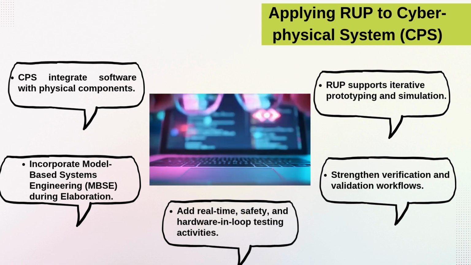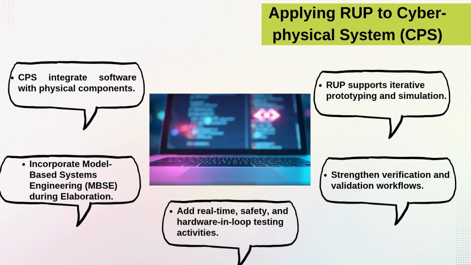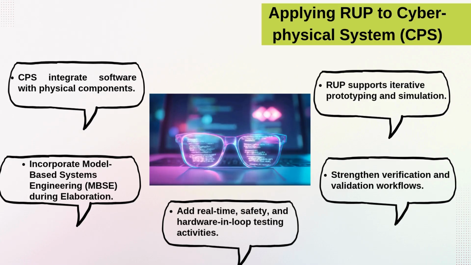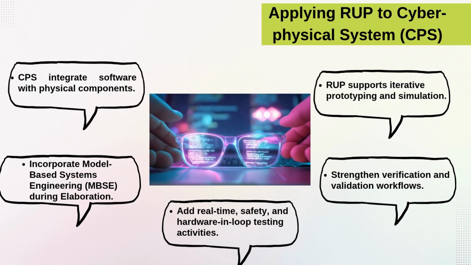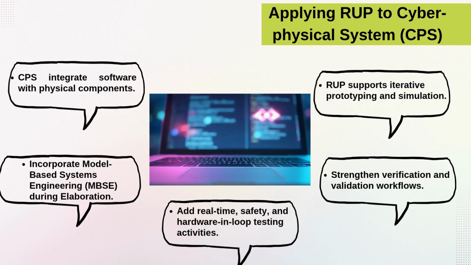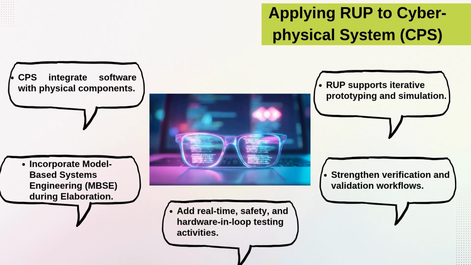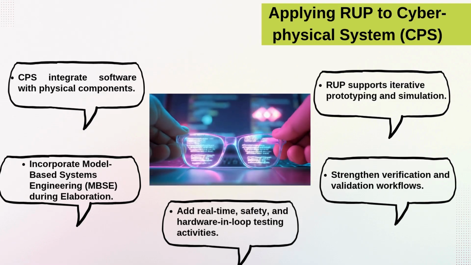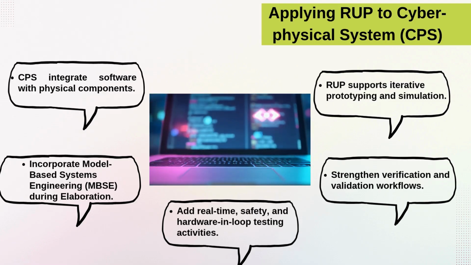Now we're going to see how to apply RUP to a cyber-physical system. In a cyber-physical system, both hardware and software work together with sensors, actuators, and real-world dynamics. RUP, with its iterative and architecture-centric nature, aligns well with these mixed requirements.